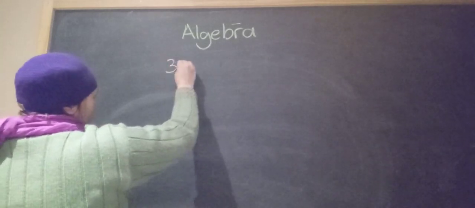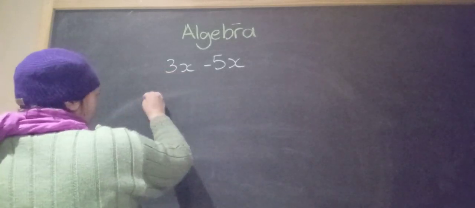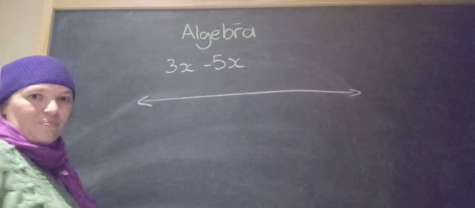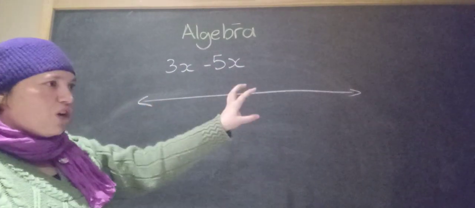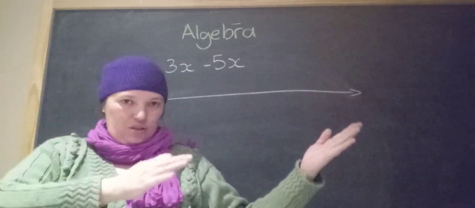If we're adding and subtracting things, I just want to show you this. 3x minus 5x. Okay, so this is a 3x, so we can put it on a number line. Adding and subtracting is just we're in one dimension, we're going more or we're going less.